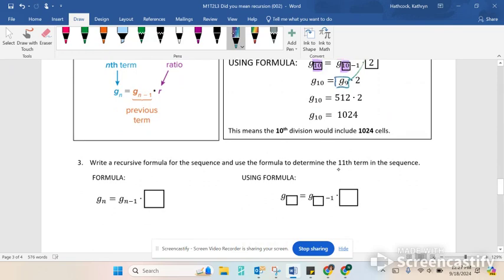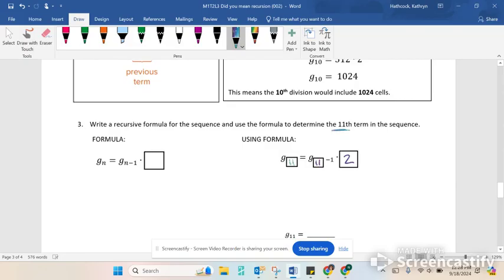Your turn. Try and find the 11th term. So 11 goes in place of n, and here's still my 2 because I'm multiplying by 2 each time.